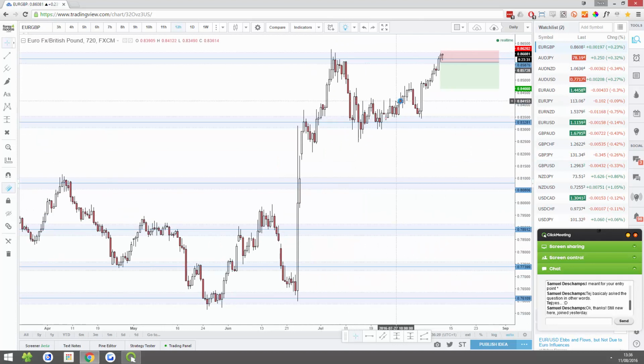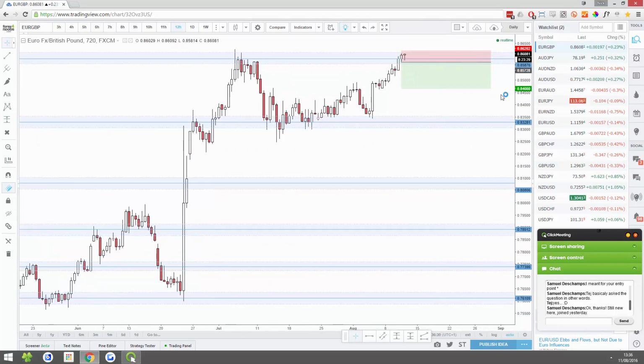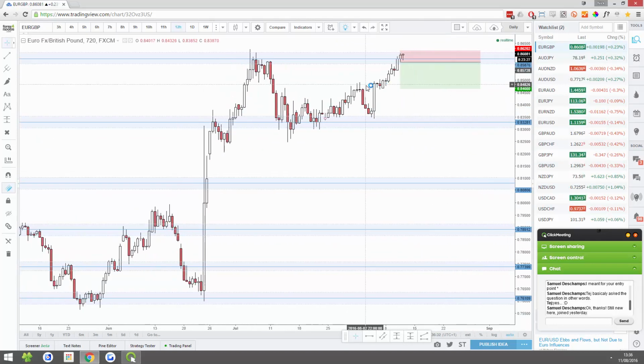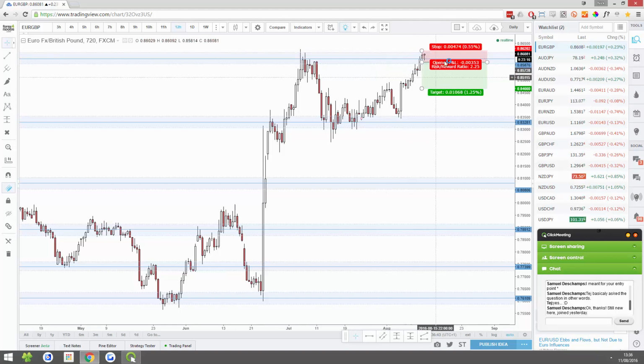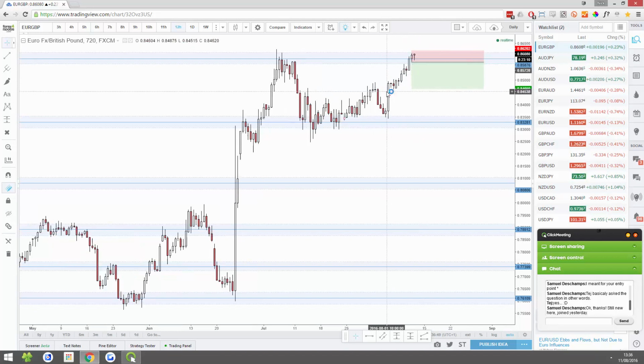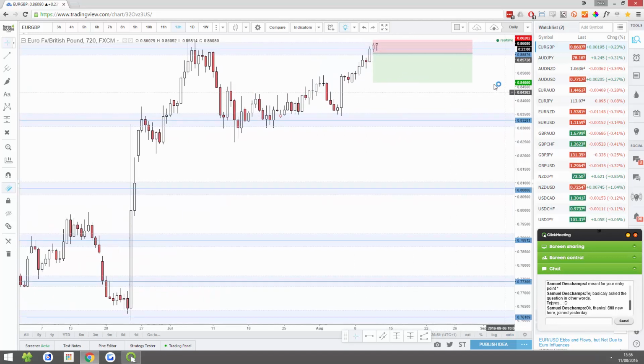But yeah, Euro GBP looks to be the only decent potential setup right now. So I'll keep a close eye on that and see how that one plays out. But I'd want this 12-hour candle to close first, and then I would be looking to potentially enter a short, depending on if my entry is triggered, obviously.